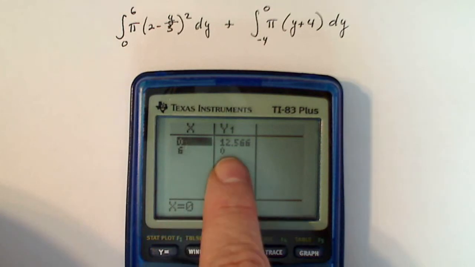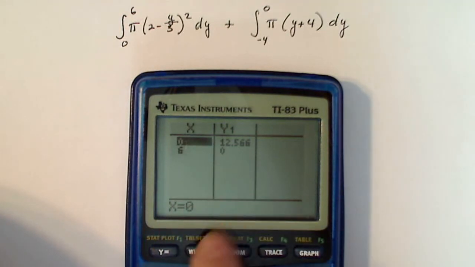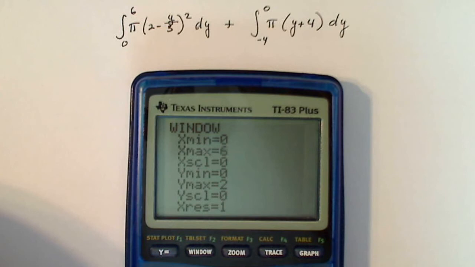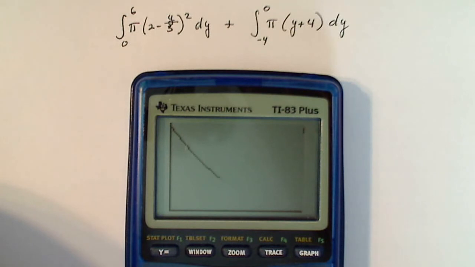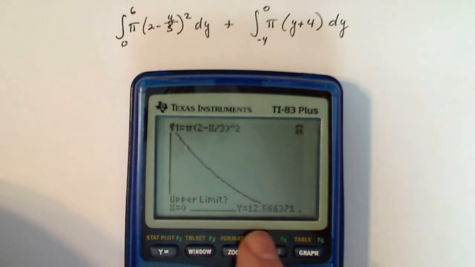So now I want to go up to 12.566. So my window, instead of going up to 2, I'm going to go up to 15 or 13, say. Now my graph's going to look really different. Zoom. Second calc, number 7. My lower limit is 0.